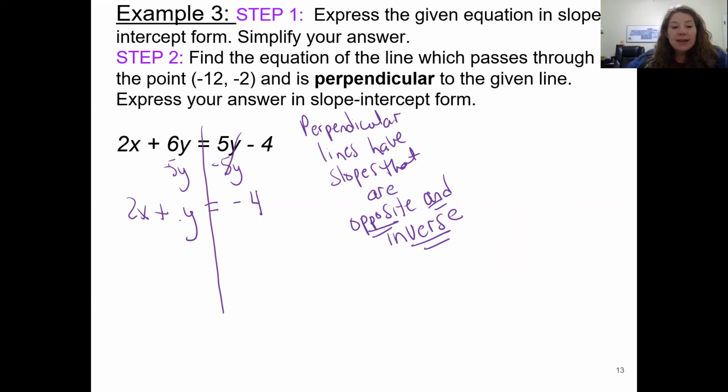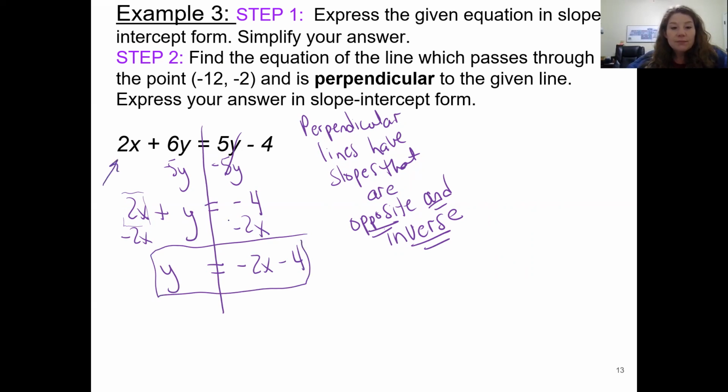I want y by itself, so I'm going to get rid of this whole positive term. The only way to do that is to subtract 2x from both sides. So y is equal to -2x minus 4. That is that equation written in slope-intercept form.